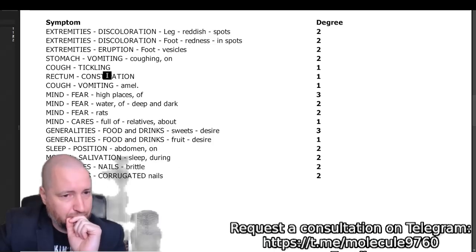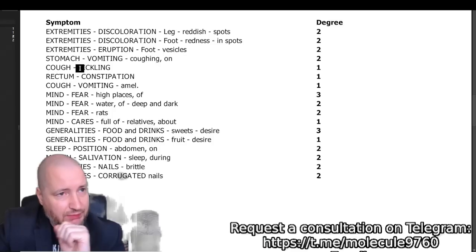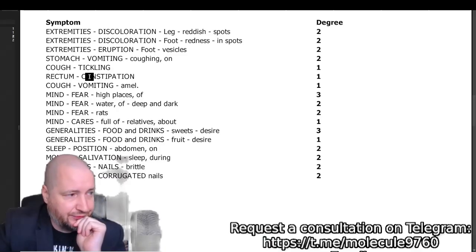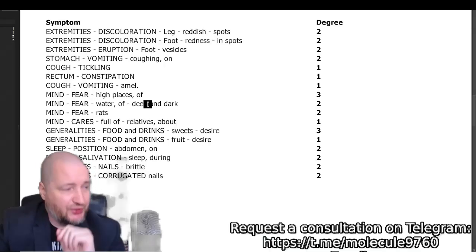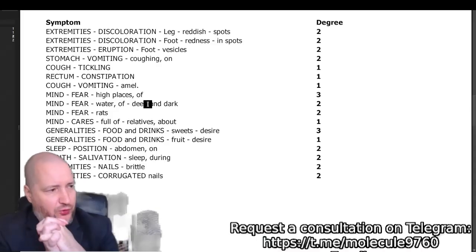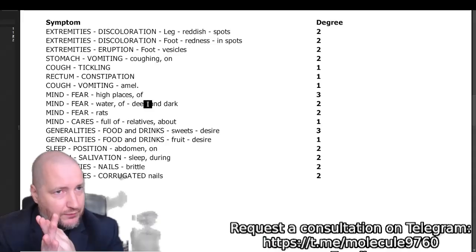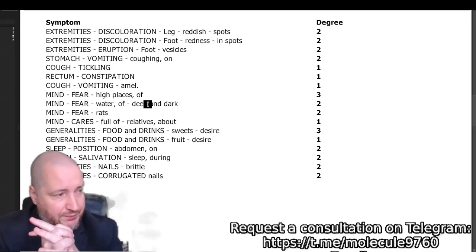So that's maybe 3 or 4 things. That is usually enough to prescribe a remedy, okay? That's what we say in homeopathy. But you need to find those 3 or 4 things. Otherwise, the remedy is not going to work. It's as simple as that. This is homeopathy.